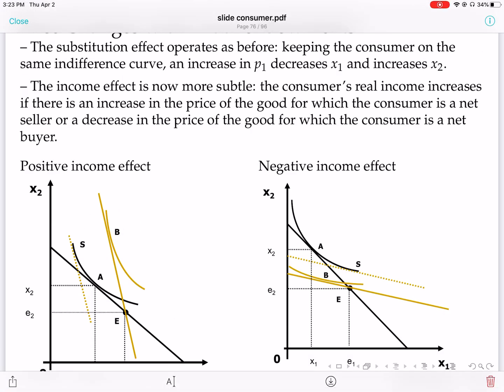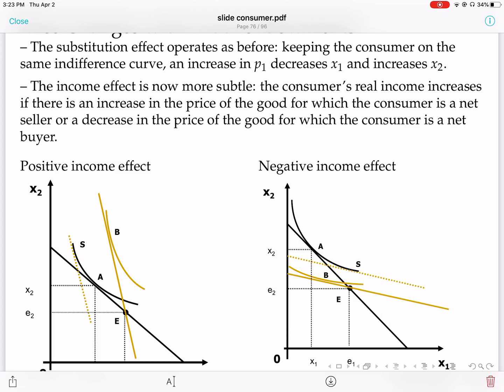Now, suppose the price of the first good has gone up. You know the slope of the budget line is P1 over P2, right? So suppose P1 has gone up. What happens? The budget line becomes steeper, like the yellow line. But it still needs to go through what? The initial endowment, E, right?